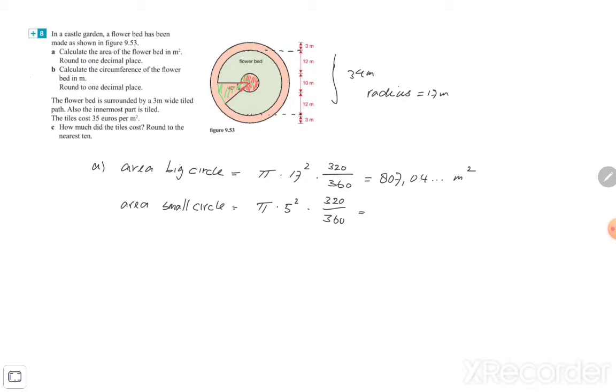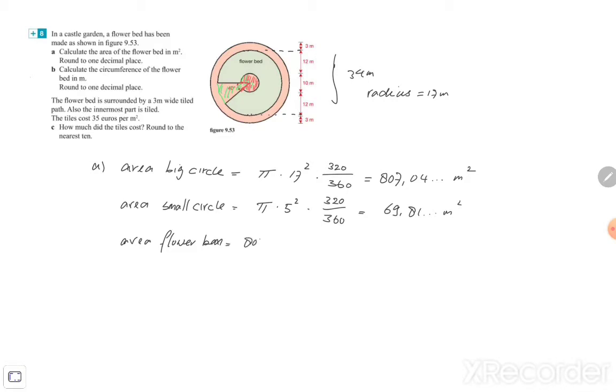So that's the answer: 69.81 etc. square meters.